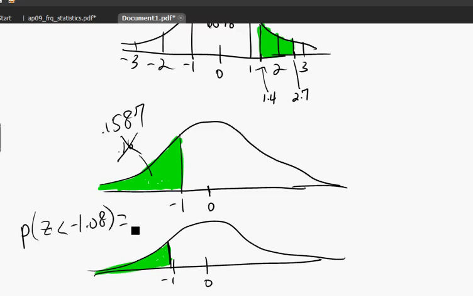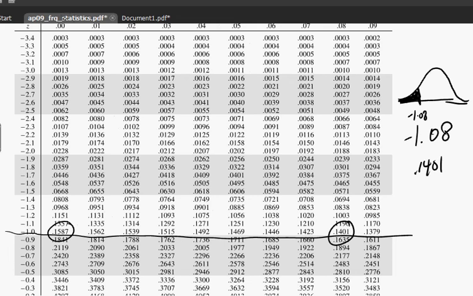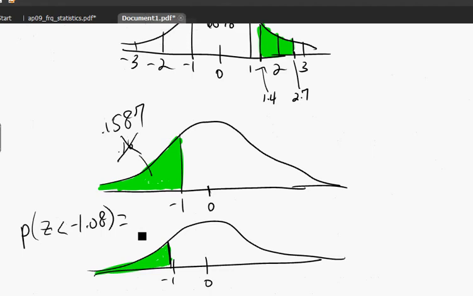Oh, sorry. I need to be over here. My table gave me 0.1401. Okay? Wait, is that the area? That's the area. That's the green area.